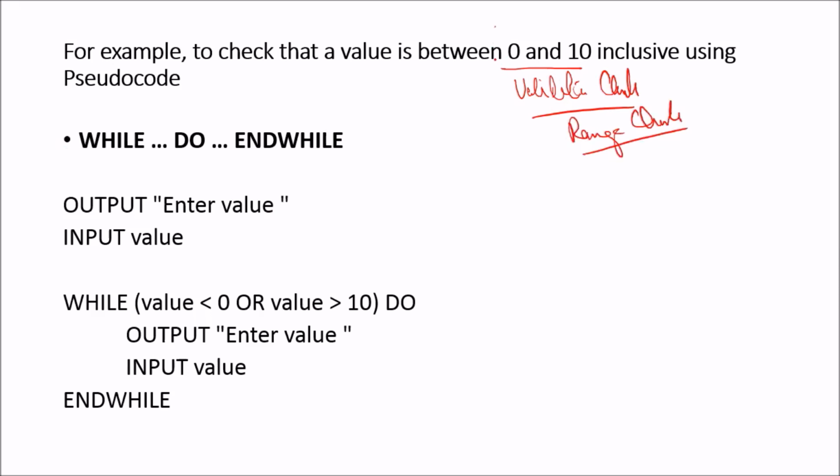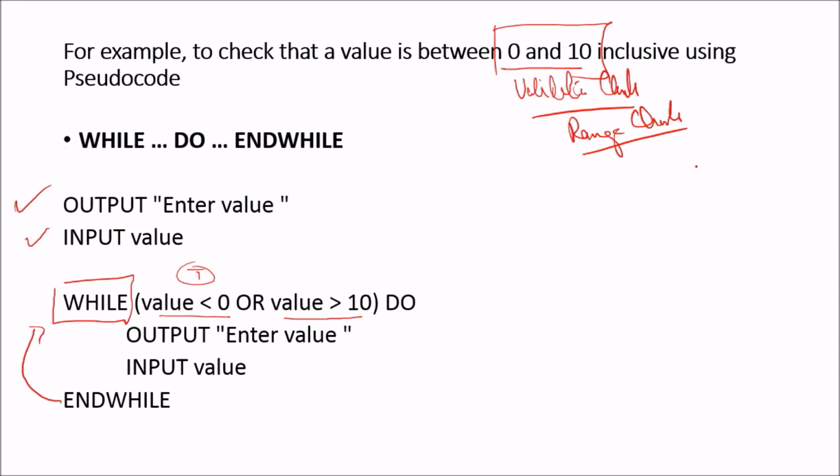So the range is from 0 to 10. So enter a value, input it. After inputting a value, you will start with a while loop and check if the value is less than 0 or the value is greater than 10. So we have to make it true to make it repeat again and again.